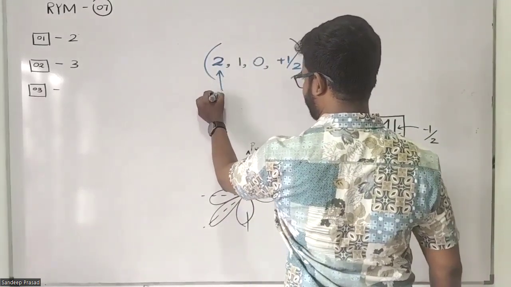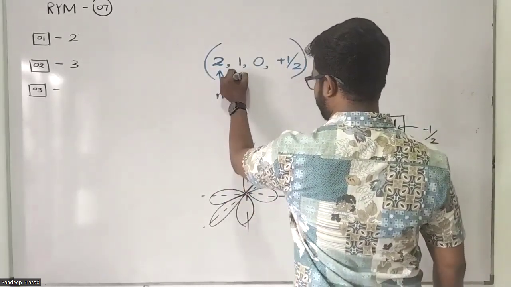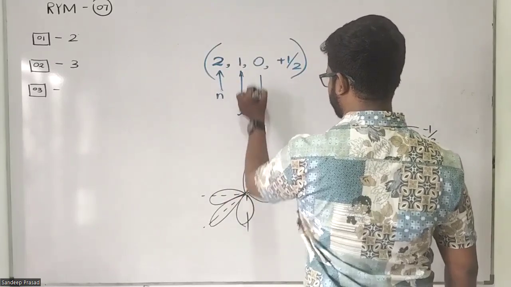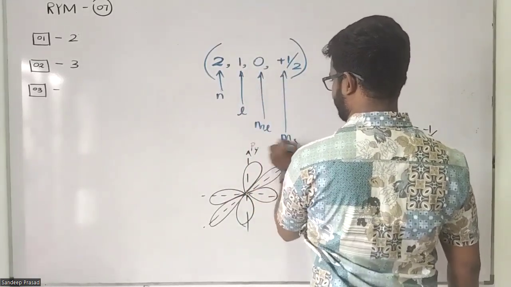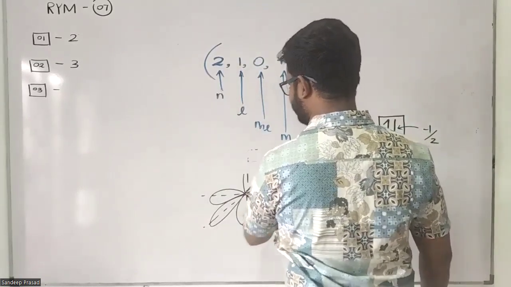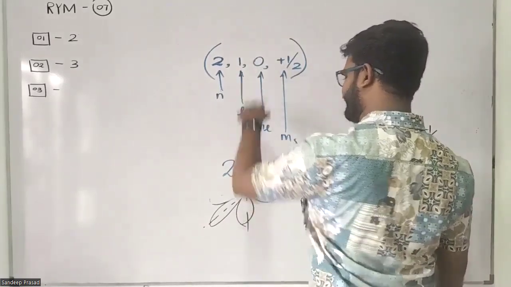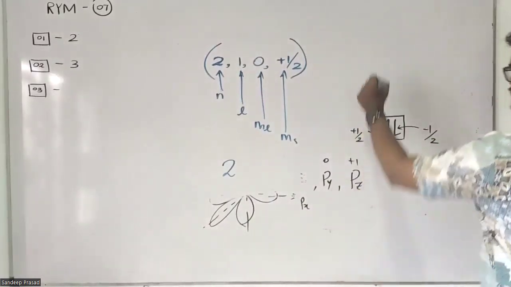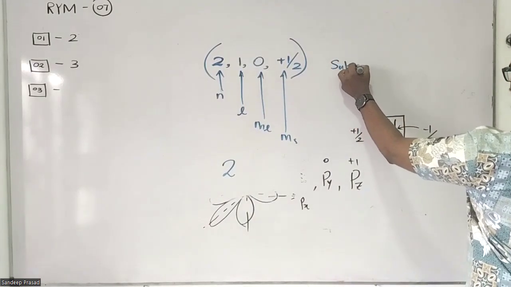So this is principal quantum number, principal energy level. This is azimuthal quantum number representing the sub-energy level, then orbital type, and the rotation. So therefore, we can say that this is the second principal energy level, L equal 1. We know that for the azimuthal quantum numbers we are assigning L values.